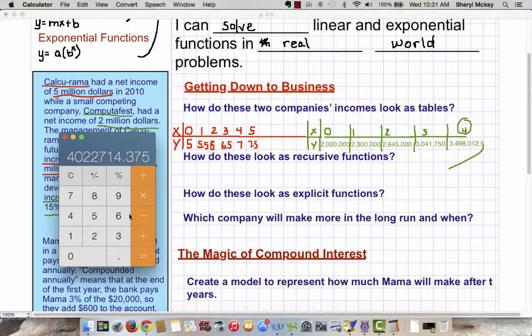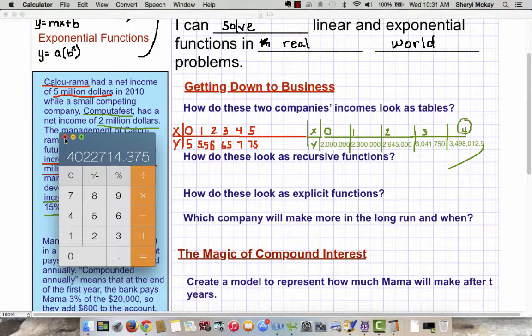So now we've already surpassed adding $500,000 to the total. And so you can see that the next time it's going to be even more than $500,000. And you could actually work this out and see how much ComputerFest will make, because eventually they're going to be making a lot more, I think, than Calcurama.